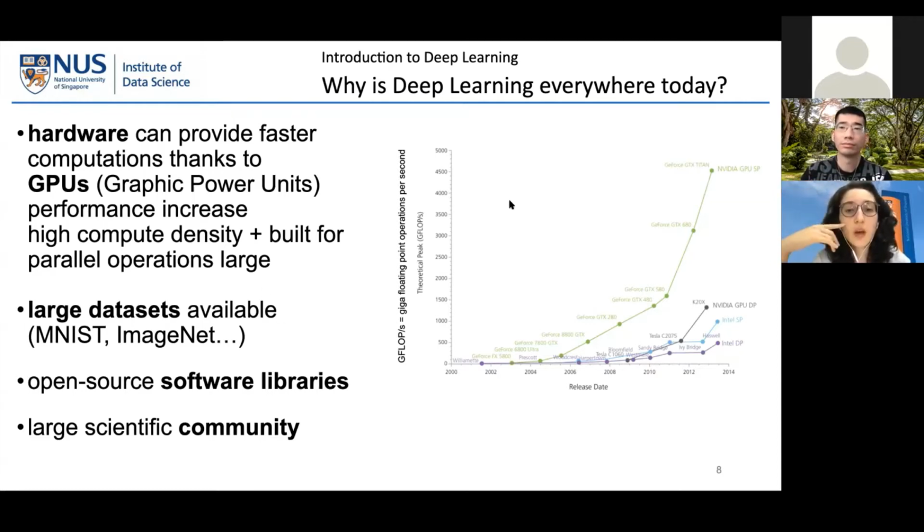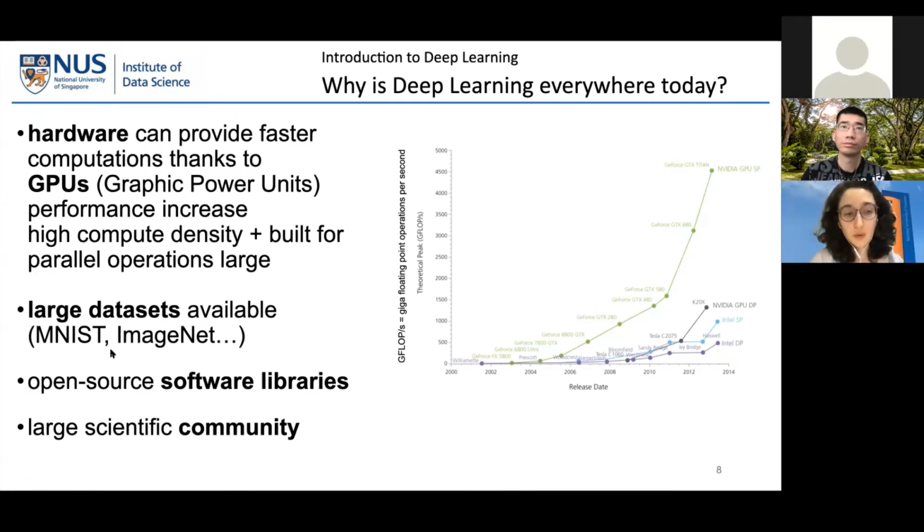Okay? Also, what has changed in the past few decades is that there are many more publicly available data sets, like MNIST, which is a handwritten digit data set. Okay, so a data set with a lot of handwritten 1, 0, 3. ImageNet, which I think has around 1,000 different classes of cats, dogs, fruit, vegetables, animals, etc., with millions of instances.